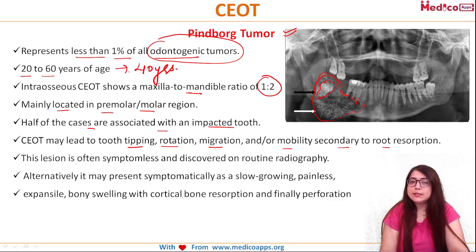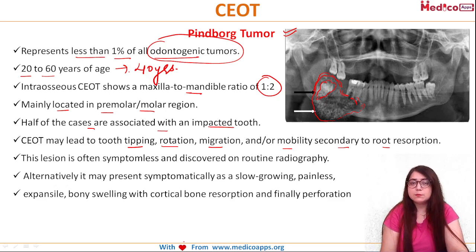Now this lesion is often said to be symptomless, and on a routine radiograph it is an incidental finding if there is no evident swelling on the right side or the left side of the face, that is the mandible. But in some cases it is symptomatic, and the patient will come to you for this only. That means the patient will come to you and say, doctor, I'm having swelling on my right region since the last 3 to 4 months, and it is slow growing and painless.